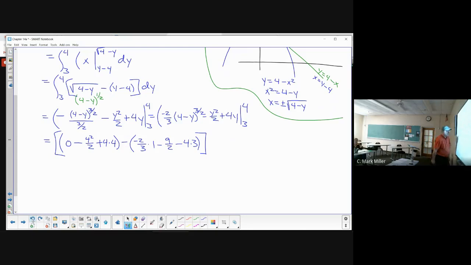Okay, let's do a little bit of cheating here. 4 squared divided by 2 is minus 8 there, plus a 16. Oh, we need a common denominator here. 6, right? So that's going to be a minus 4, minus 27, minus 36, because that's 12. That's minus 36 over 6.